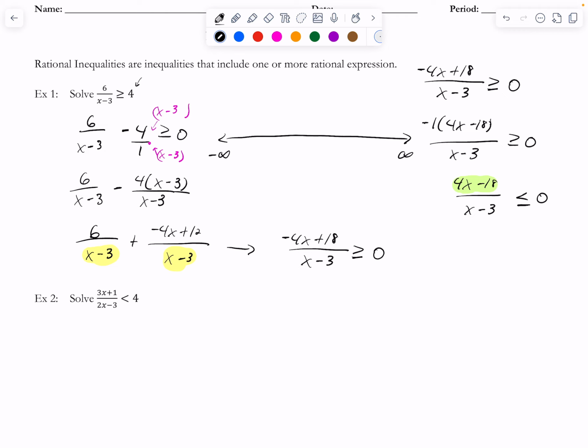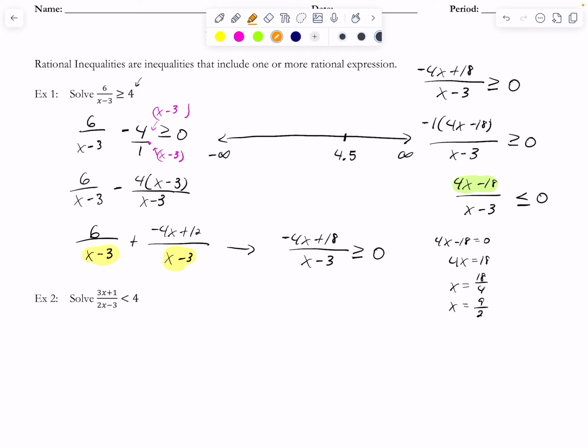So if I set 4x minus 18 equals 0, that's going to tell me something interesting about this inequality. I have 4x equals positive 18, so x equals 18 over 4, which is really 9/2 or 4.5. So I'm going to put right here 4.5. You can put 9/2 if you want. Something interesting is happening there.